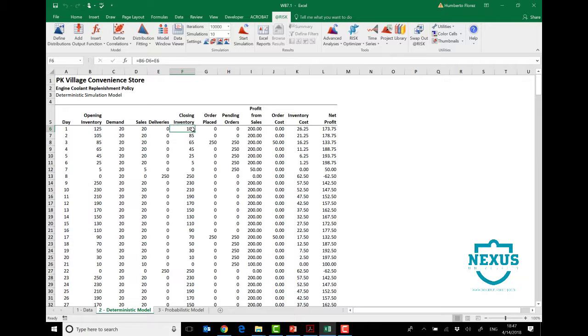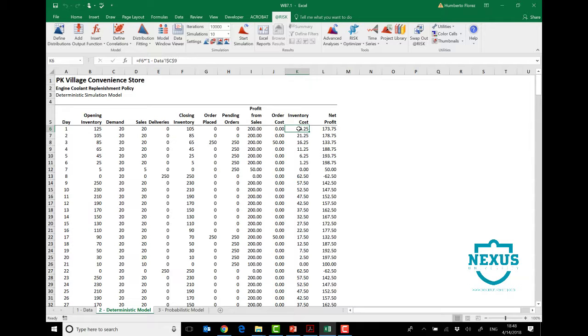So we're seeing here an operation being simulated using logic. Because we haven't reached the reorder point of 75, we don't place any orders. We don't have any pending orders. Because we sold 20 units and we made $10 per unit, we have a profit of $200 that day. Because we placed no orders that day, we have 0 order cost.